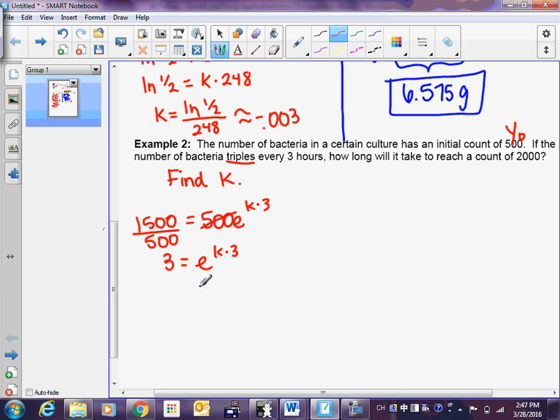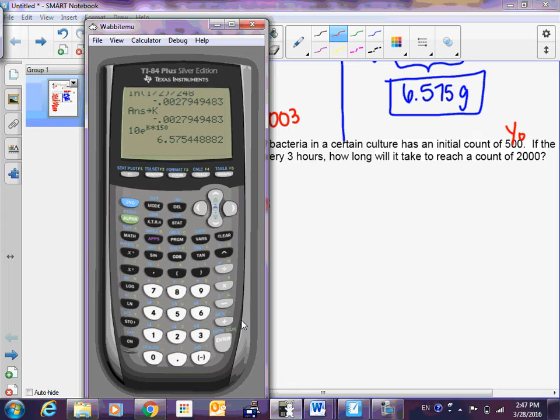Do you guys remember algebraically what we do next? Take the natural log of both sides. So natural log of 3, and then what's the natural log of e to the power of k times 3? K times 3. The ln and the e basically cancel each other out. So what does k equal? Natural log of 3 divided by 3, which we can use our calculator for.